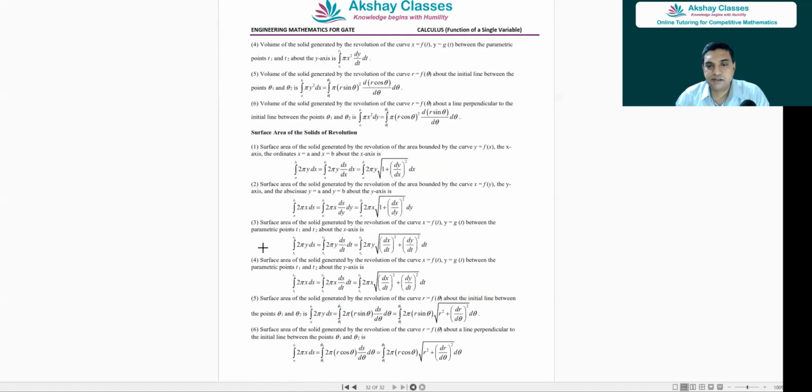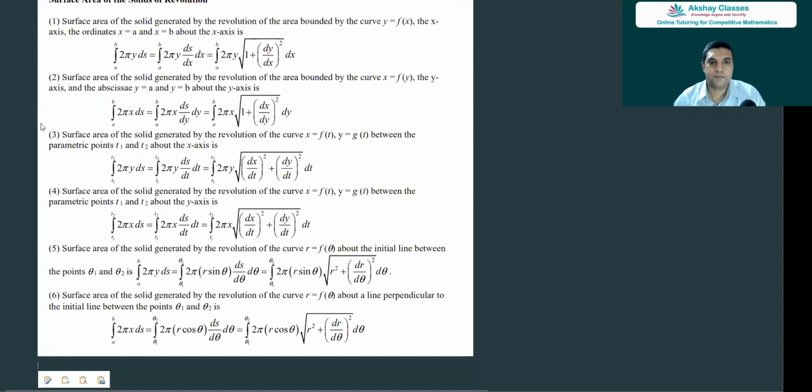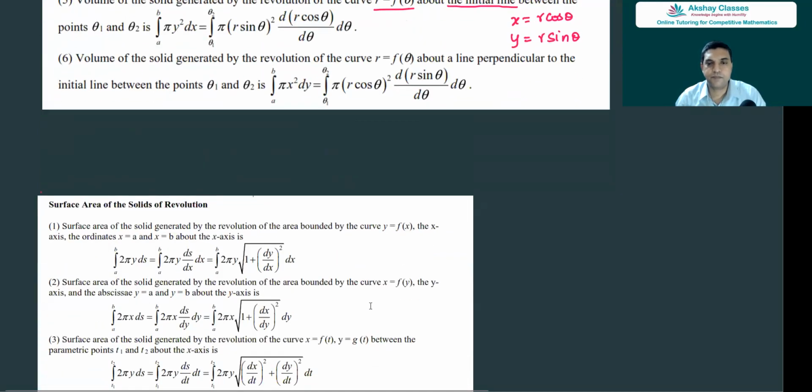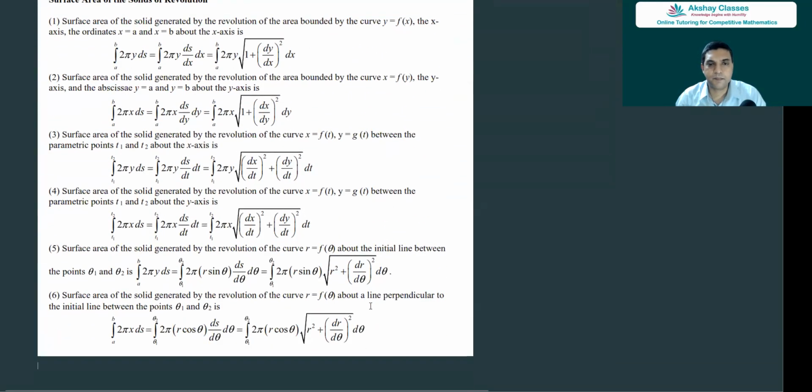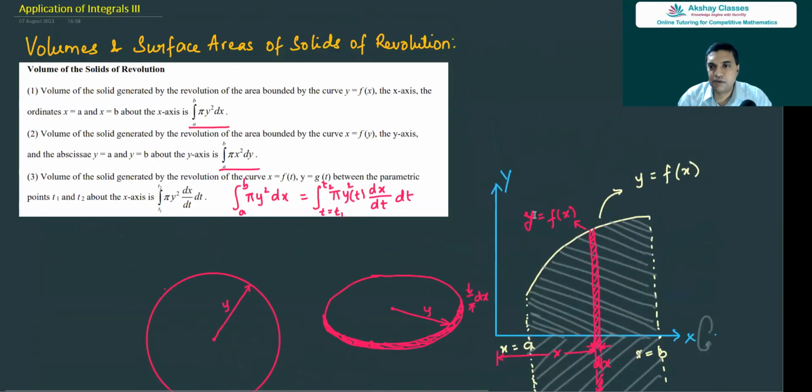Now, surface area of solids of revolution. Surface area is simple, the same as volume.